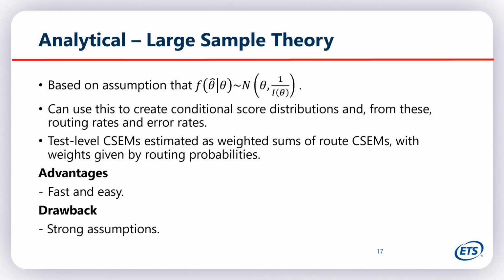The test level conditional standard errors are estimated essentially as weighted sums of the route conditional standard errors, with the weights given by the routing probabilities. The advantages of this approach are that it's fast and easy, fairly general, essentially instantaneous. It does make the strong assumption that MLEs are in fact distributed like MLEs are supposed to be distributed.